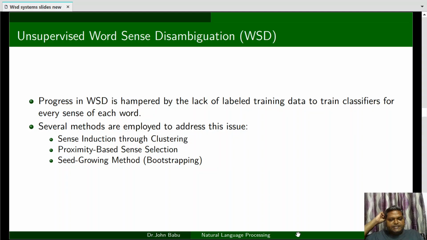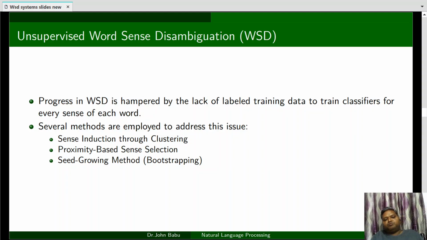So word sense disambiguation is still a problem of high intensity because we lack labeled training data. To address that problem, the unavailability of labeled training data or manually annotated data, different methods are used.